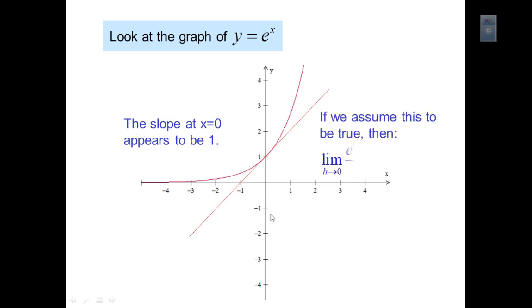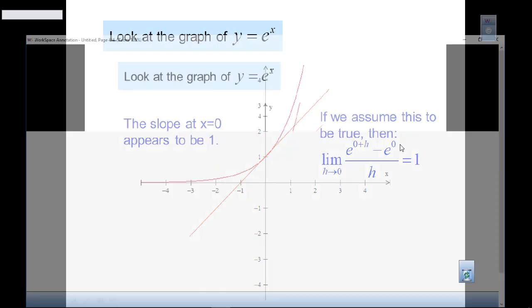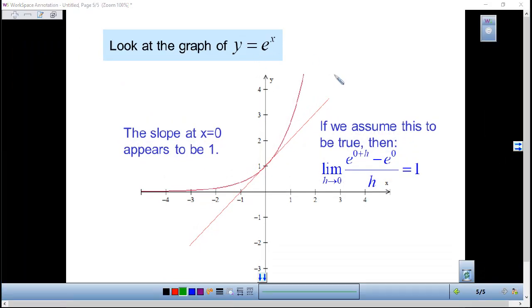Well, if that's true, then we know this is the case. The limit as h approaches 0 of e to the 0 plus h minus e to the 0 over h equals 1. Now where that comes from, if you remember the definition of the derivative, was the limit as h approaches 0 of f of x plus h minus f of x all over h.